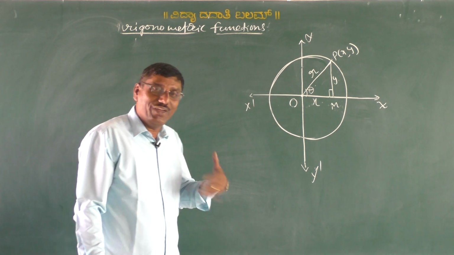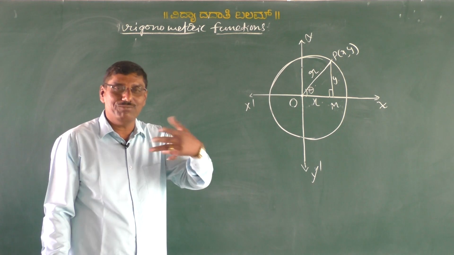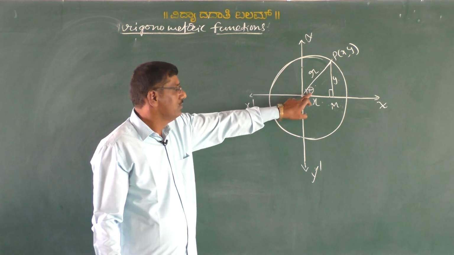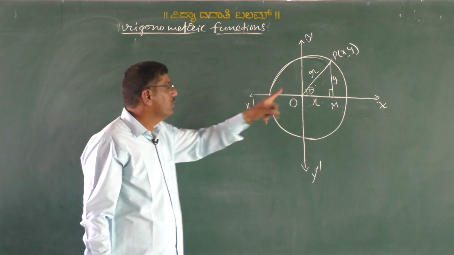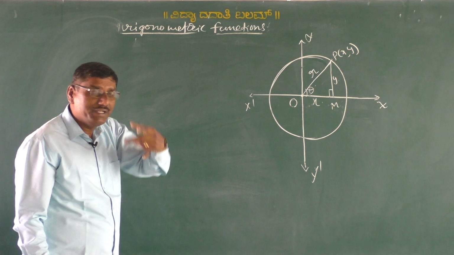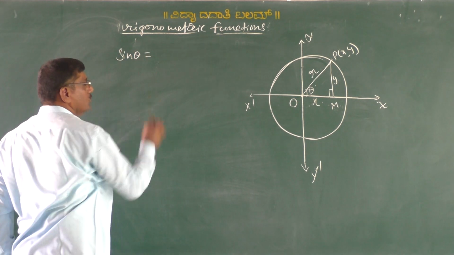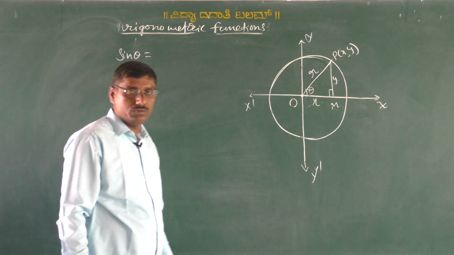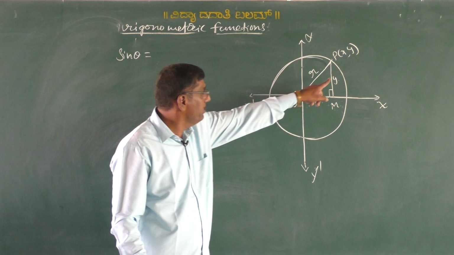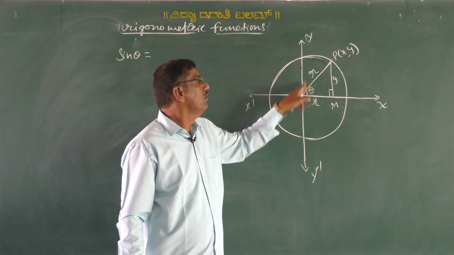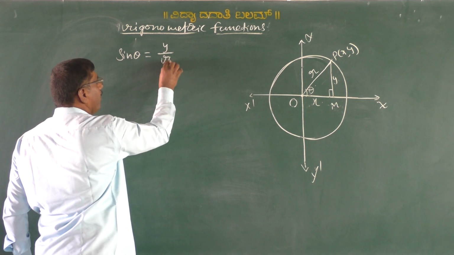Yes. Now we can define 6 trigonometric functions with respect to an acute angle here also. That is sine theta. Sine theta is equal to, we know, opposite side divided by hypotenuse, that means y divided by r.